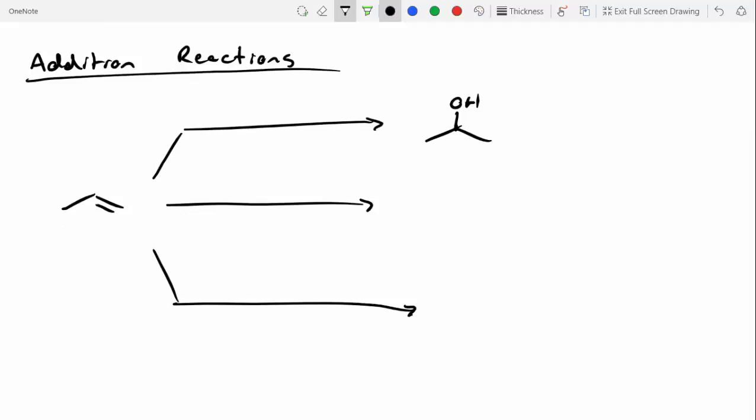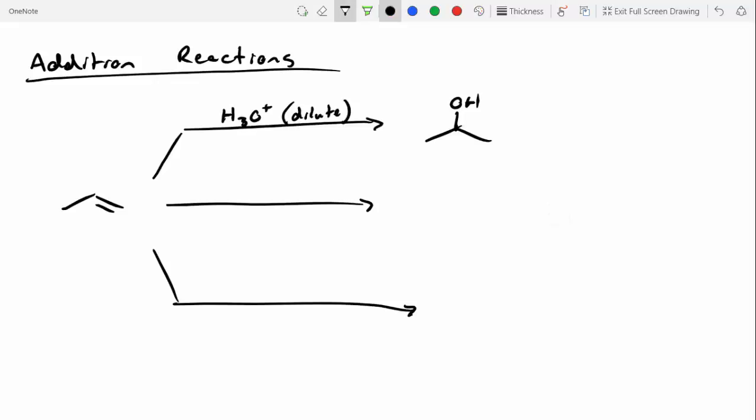So we could say acid, and we actually want it dilute. Why do we want it dilute? It mainly has to do with Le Chatelier's principle. Remember, we could do the reverse reaction going from the alcohol back to the alkene with strong concentrated acid and heat. So in this case, we normally want dilute acid.